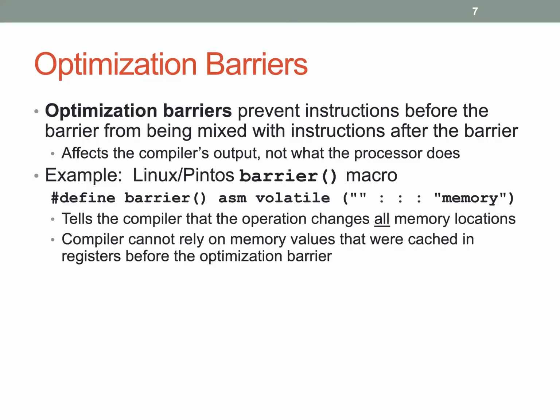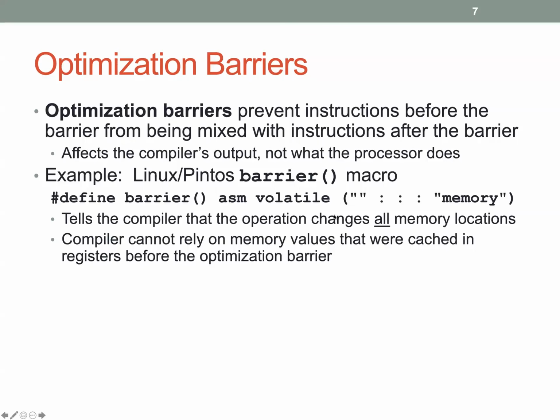Here is a very typical barrier macro in C, or you could use it in C++ as well. It uses the assembly language directive with the compiler. But you'll notice the way that it's written. It's a #define barrier, so this is the name of the macro function that we're defining. ASM says we have some inline assembly, but we don't have any assembly.